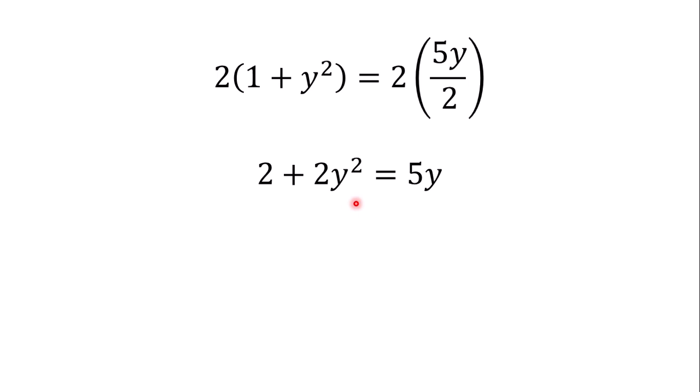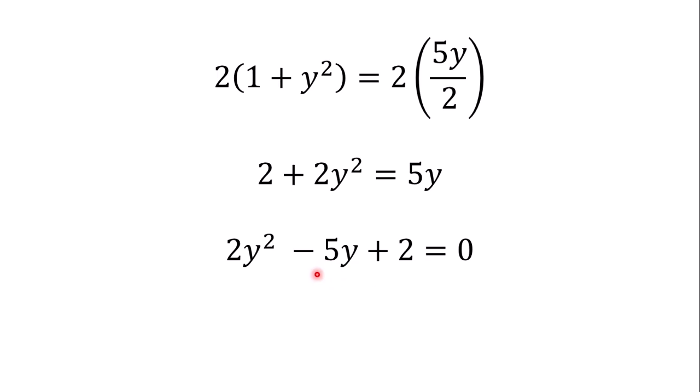But here we're going to use the factorization approach, because this equation is easy to factorize. So what you're going to do is bring this to this side and equate it to 0. That is going to give us 2y squared minus 5y plus 2 is equal to 0. So how are you going to factorize this one?